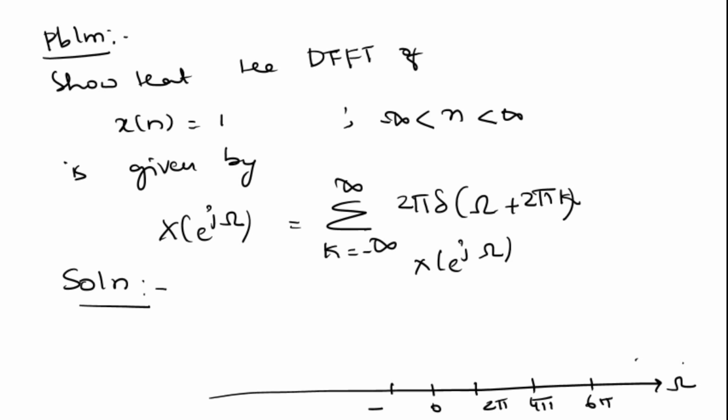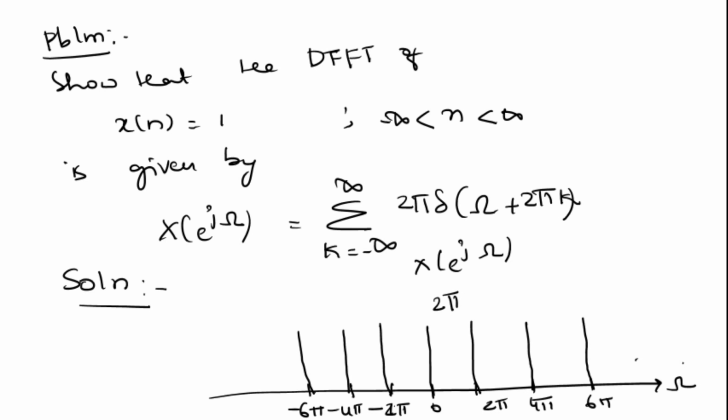Here it is minus 2 pi, minus 4 pi, minus 6 pi with amplitude 2 pi.